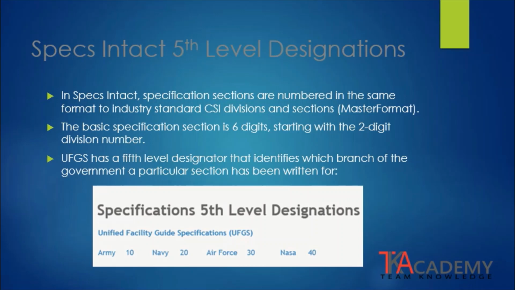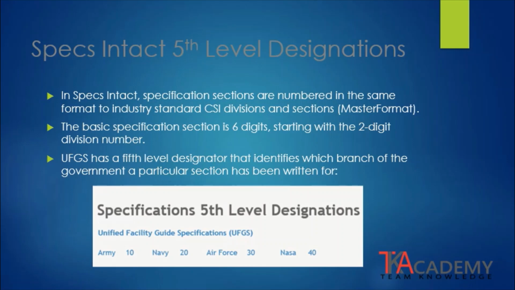Specs and TAC prescribes to the CSI master format system for numbering divisions and sections within a specification. The basic specification section number is 6 digits, starting with the first 2 digits identifying the division number. Often after the 6-digit section number, there is a decimal followed by additional numbers.